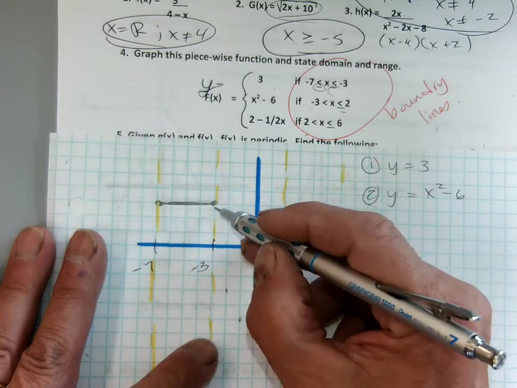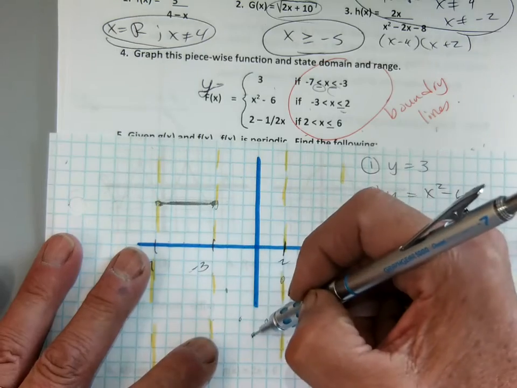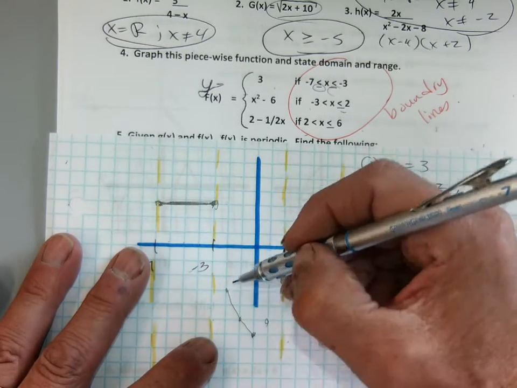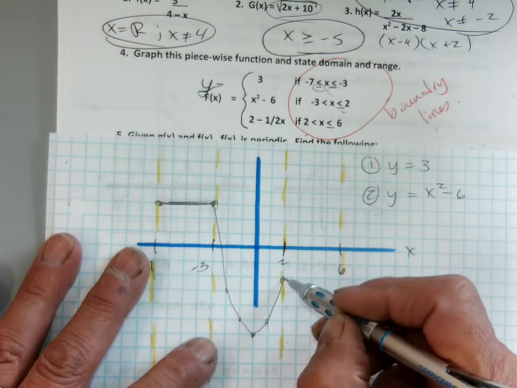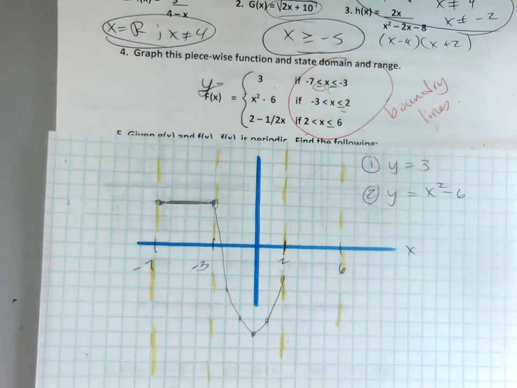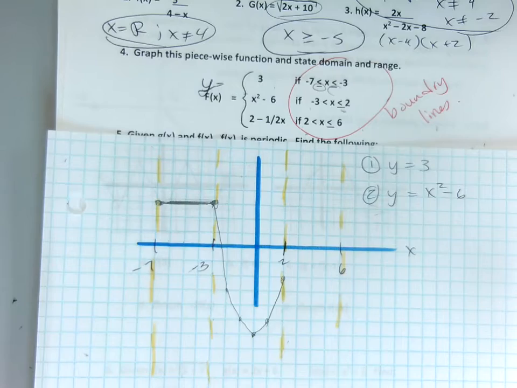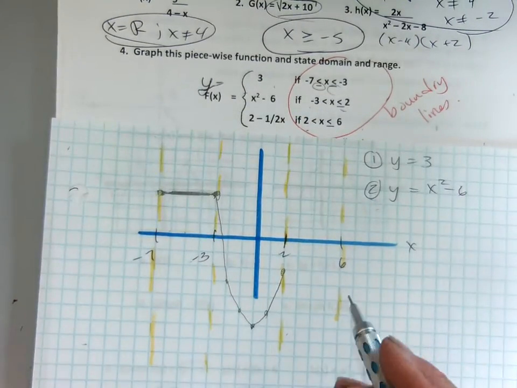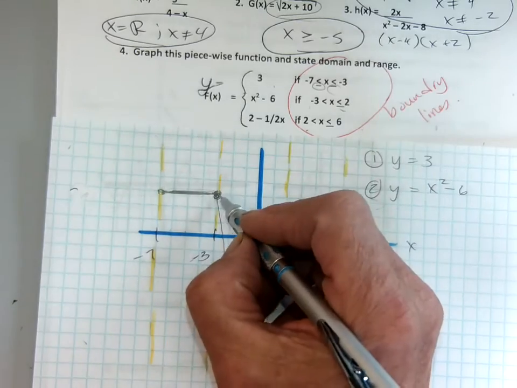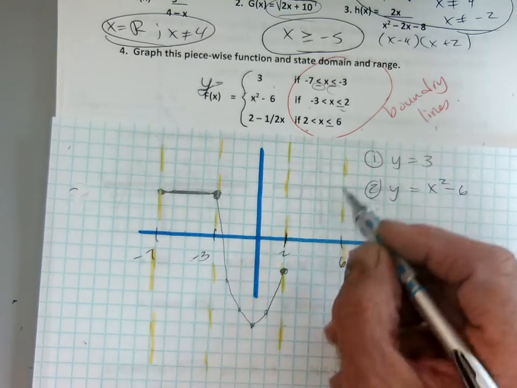Remember, Carlos, we learned how to do that? You're like, oh, I get it now. I'm only going to draw that parabola within the second region between negative 3 and 2. It's a closed circle because of the equal.